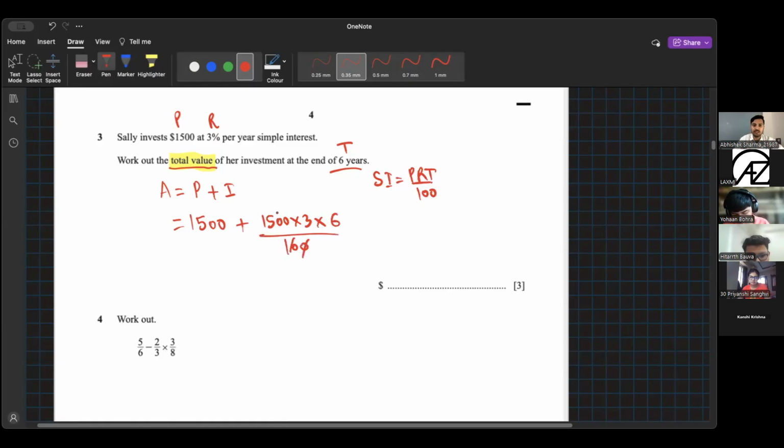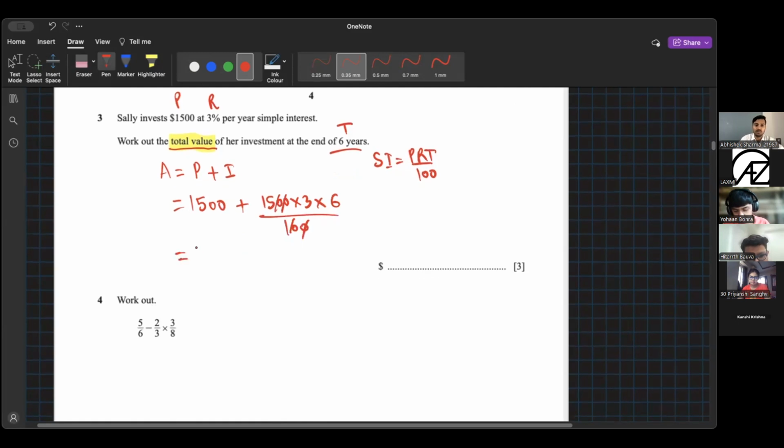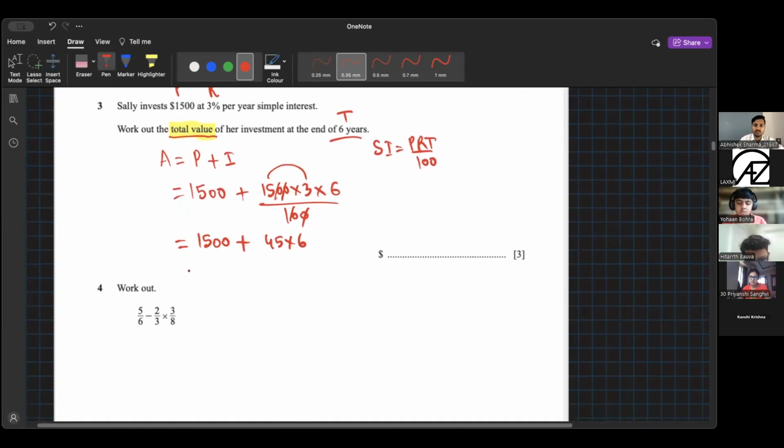The zeros cancel out. This is going to be 1500 plus 15 into 3, 45, multiplied by 6. That is 1500 plus 270. So 1770 is the answer.